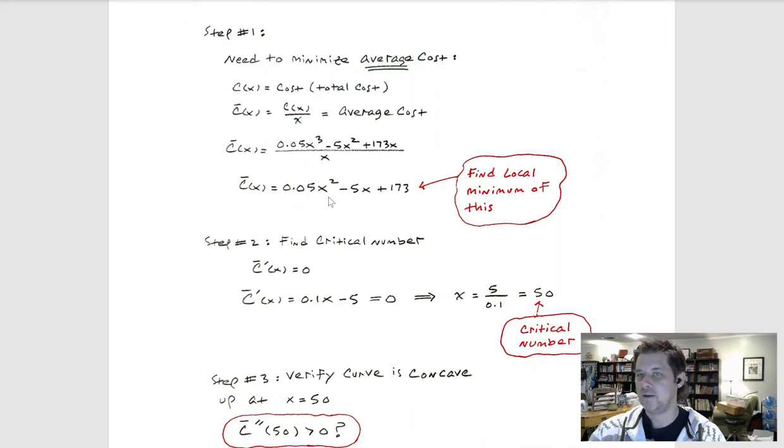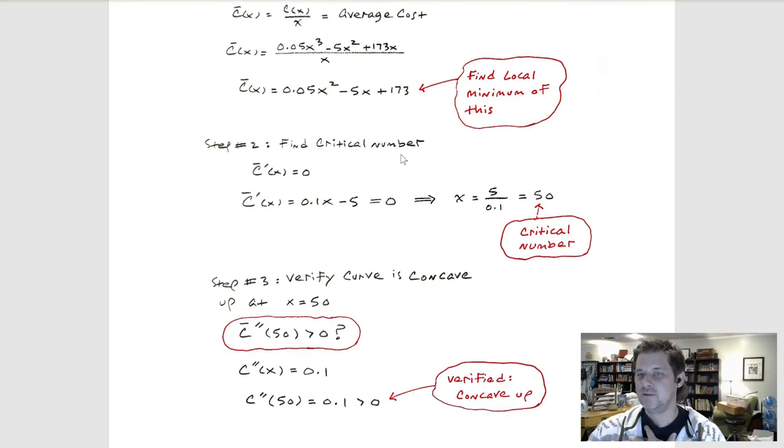That's my average cost. First, to find the critical number. The critical number is the number where the derivative is 0. So I find the derivative of the average cost. The derivative of 0.05x squared is 0.1x, the derivative of minus 5x is minus 5, and 173 is a constant, so its derivative is 0.